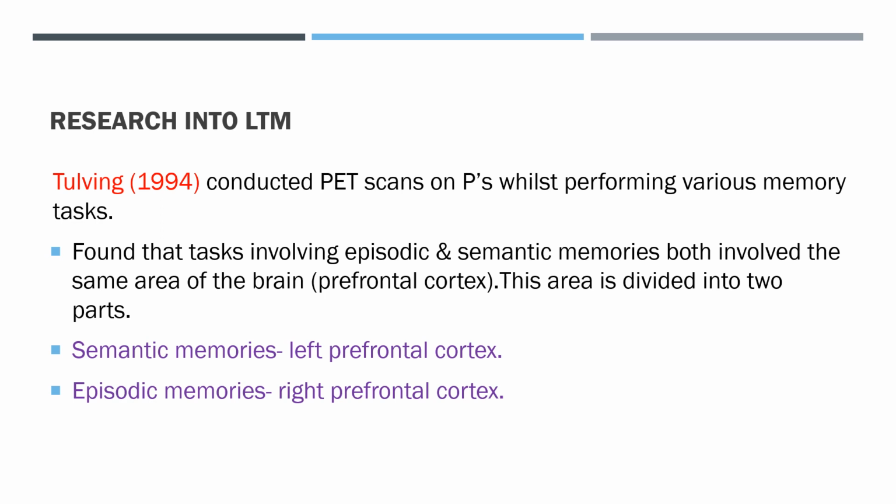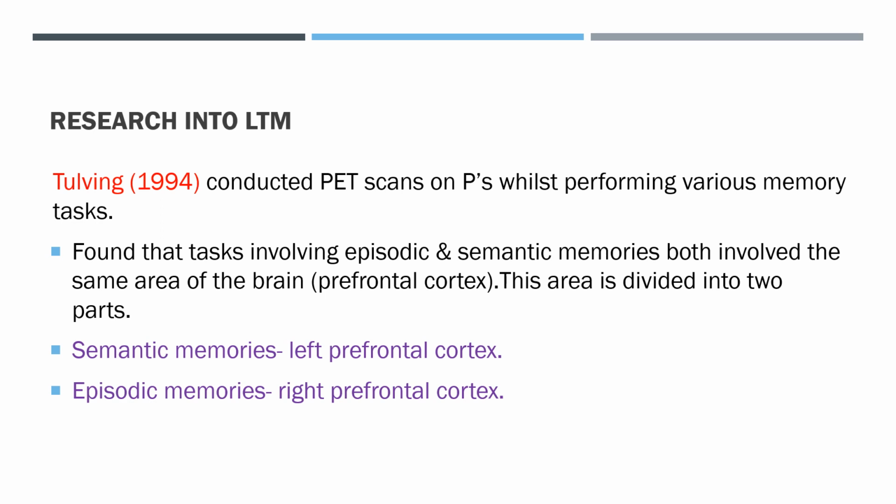Now we've got a little bit of research into long-term memory. So Tulving in 1994 conducted PET scans on participants whilst performing various memory tasks. These tasks were involving the semantic, the episodic and procedural, and he found that tasks involving the episodic and semantic memories both involve the same area of the brain, so the prefrontal cortex.